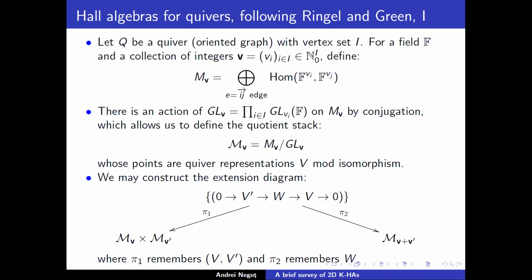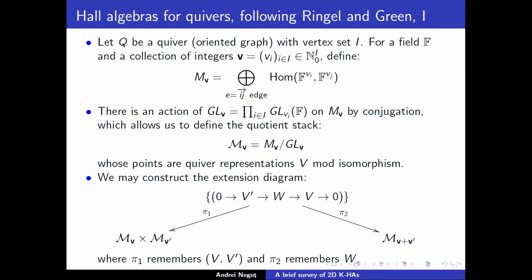The only thing you should keep in mind here is that a map of quiver representations is, by definition, a linear map between the vector spaces at the vertices which commutes with the edge maps. So it's the natural notion of a map of quiver representations, and there's a natural notion of a short exact sequence of quiver representations. The thing you see here in the middle is just the moduli stack of such extensions. I'm not going to be too pedantic about the definition of this thing.